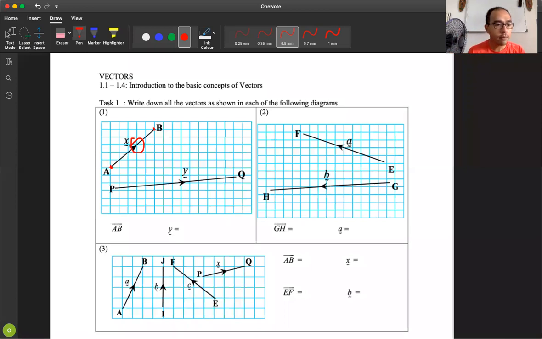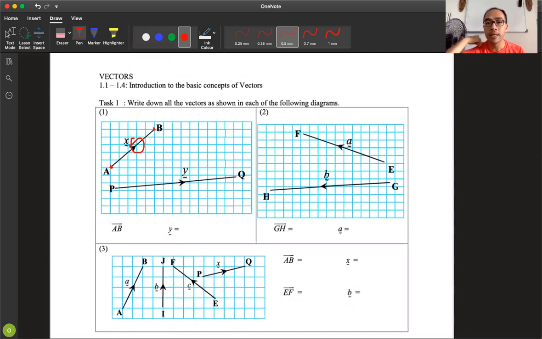If you look at the textbook at page 78, it says that a vector quantity has both magnitude and direction. The word magnitude means the number, and then the direction.